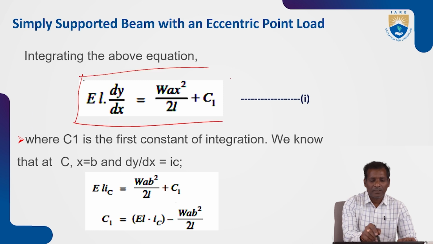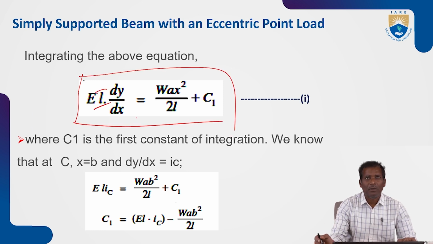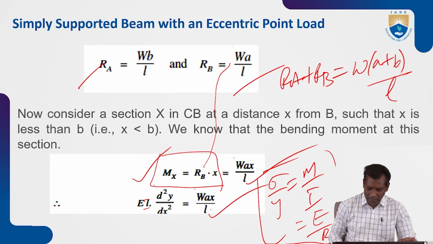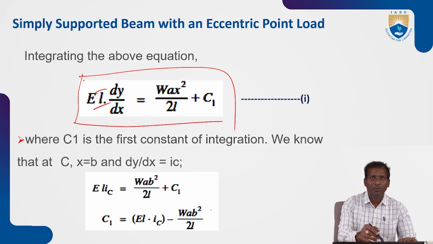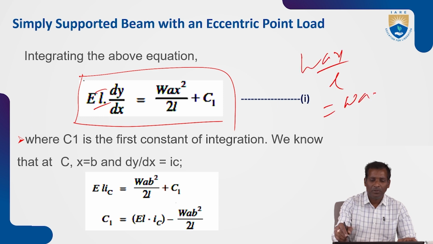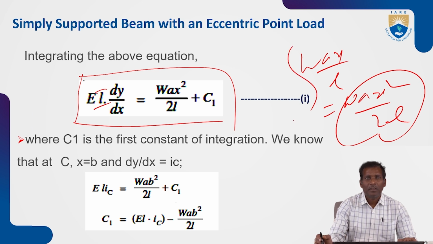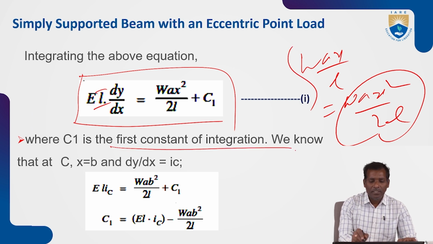So first integrate the above equation: EI into dy by dx is equal to WAX square by 2L plus C1, after integration of WAX by L. Now C1 is the constant. Find out C1 at the boundary conditions. What is the boundary condition?